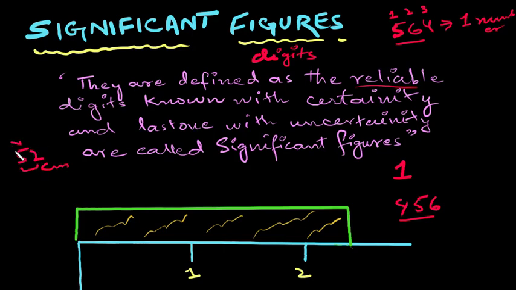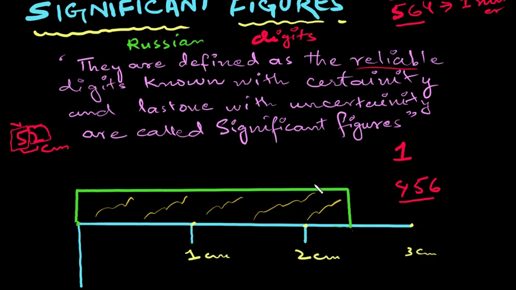I'm sure about the 50 position of this measurement, but I'm not sure about this second digit, the 2. So this digit is known with certainty and this digit is known with uncertainty. So collectively there are 2 significant figures, or 2 significant digits in this measurement.